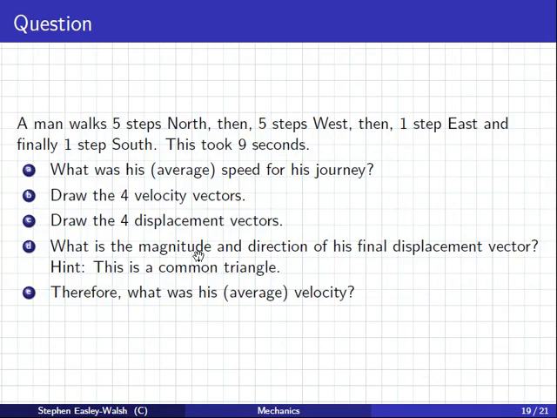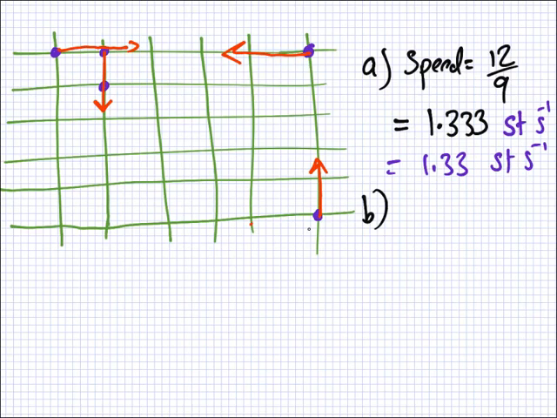The next one is the 4 displacement vectors. That's a little easier to draw. So the first one is that. The second one, you have 2 choices. Do you? No, you don't. You have only 1 choice. You have to draw it like this. That's the second one.